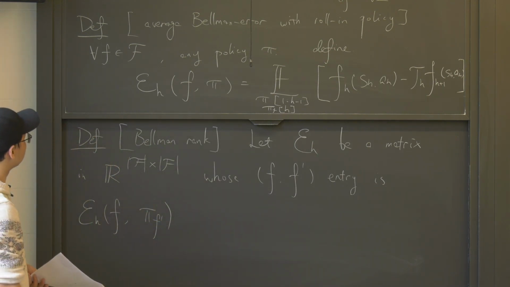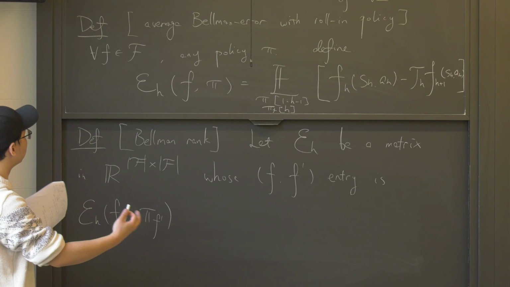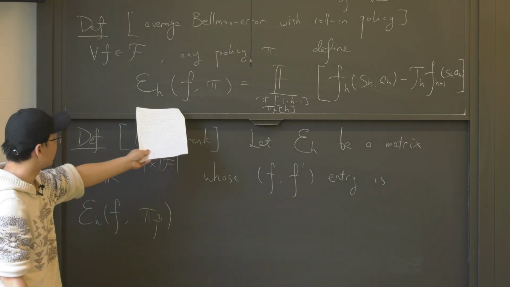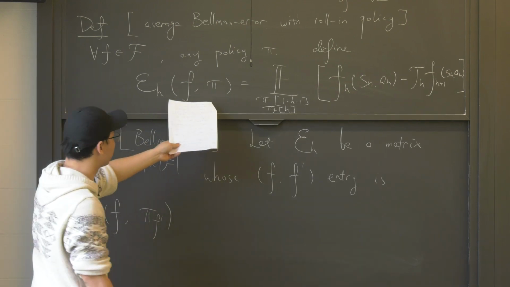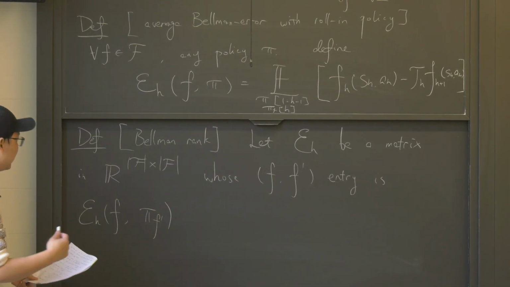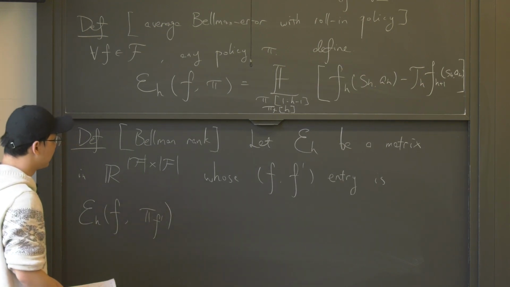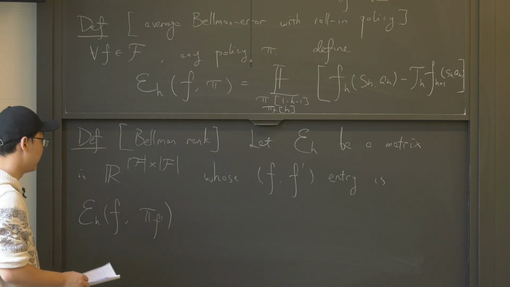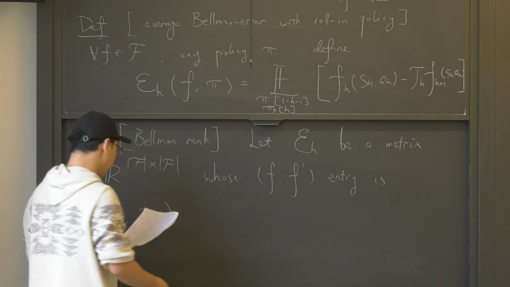So you can think it's essentially just expanding this Bellman error, but applying it to all the values in my function class and all the greedy policies in my function class, and spanning to get an entire matrix. So this matrix describes how complex your value function class can be.